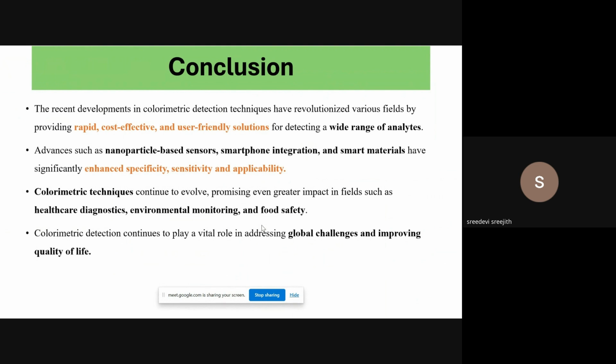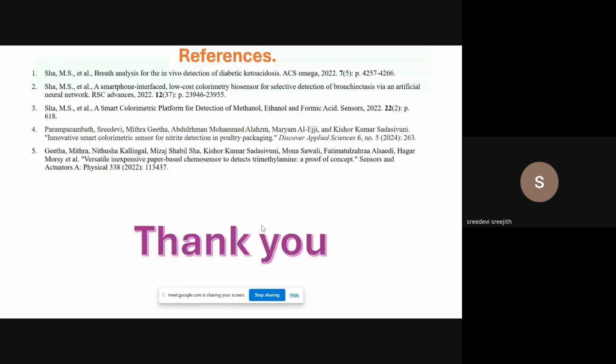Colorimetric techniques continue to evolve, promising an even greater impact in healthcare diagnosis, environmental monitoring, and food safety. Colorimetric detection continues to play a vital role in addressing global challenges and improving quality of life. And these are the references.